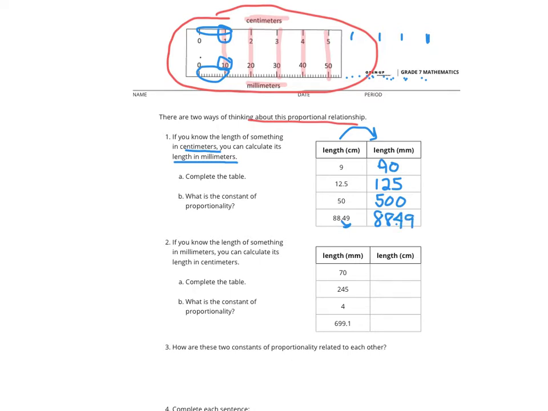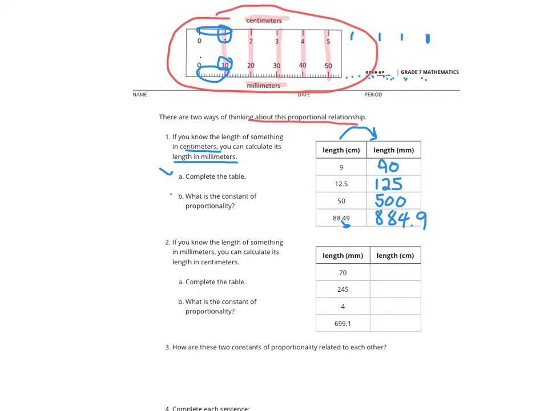Let me fix that. 884.9. So if something is 88.49 centimeters long, it is 884.9 millimeters long. So we've completed the table. And I want you to complete this along with me, okay, as we go through this video.